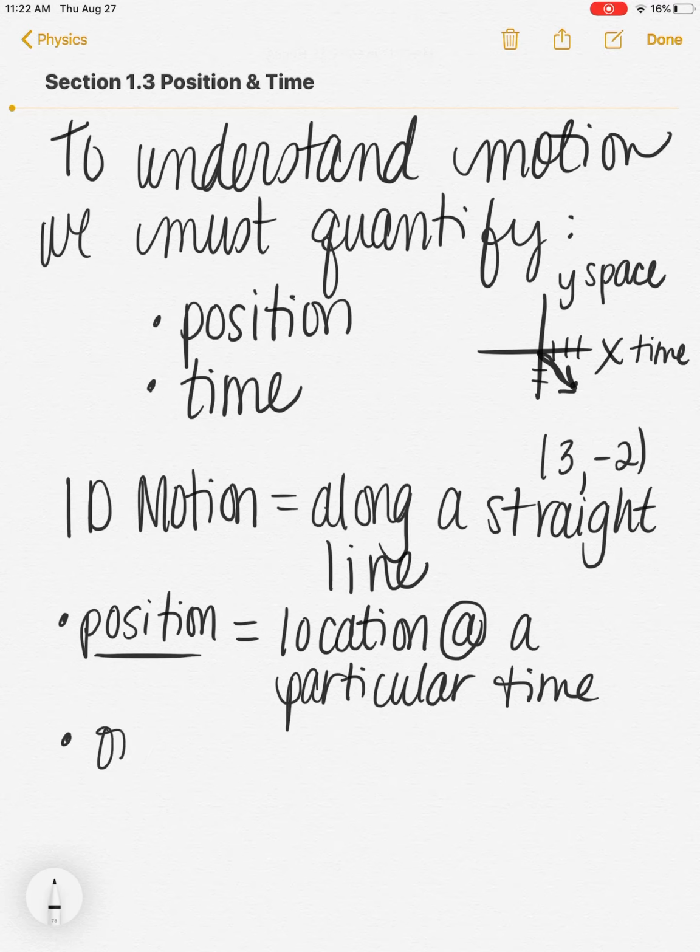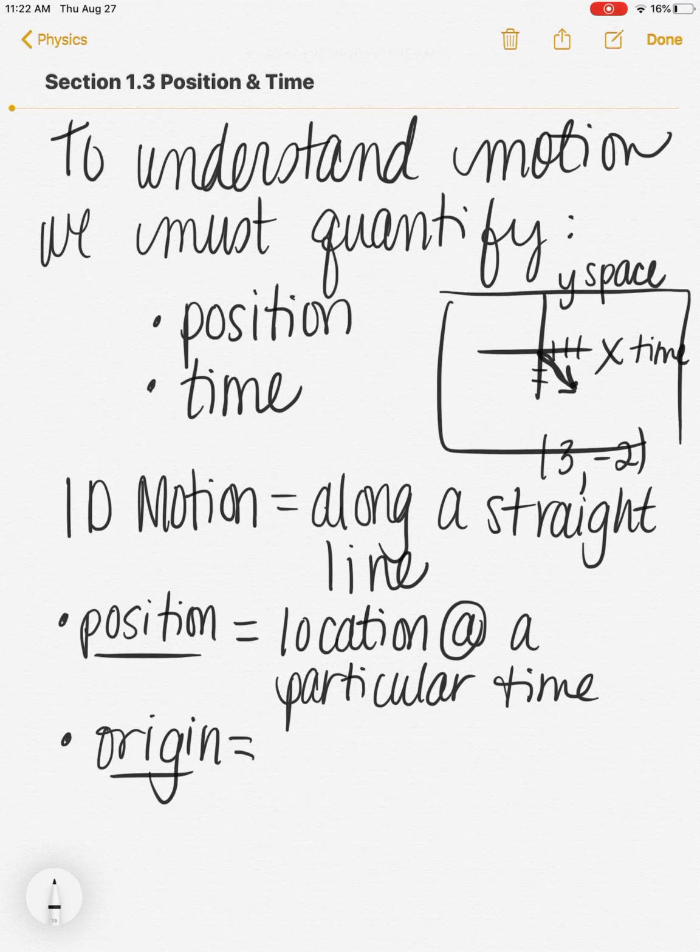Besides position, we are also going to need to identify an origin. Commonly, if we go back to our XY grid right here, you consider the origin to be this middle of the graph where the X and the Y axis meet. Origin in our terms is very similar. Origin for us means a fixed reference point.